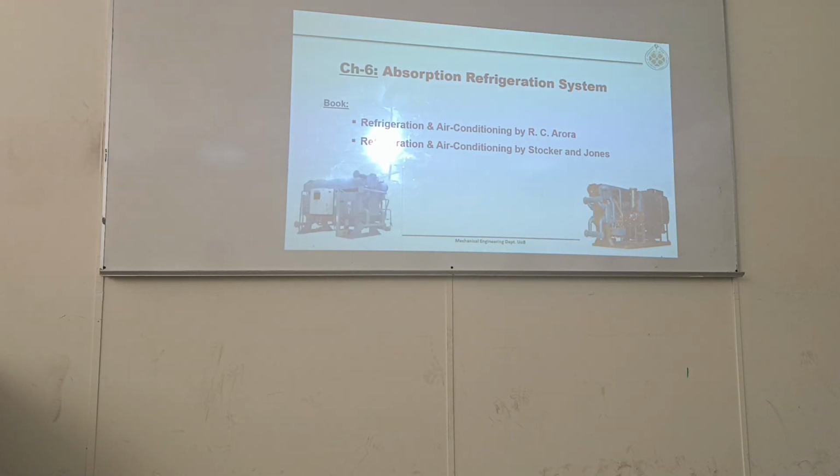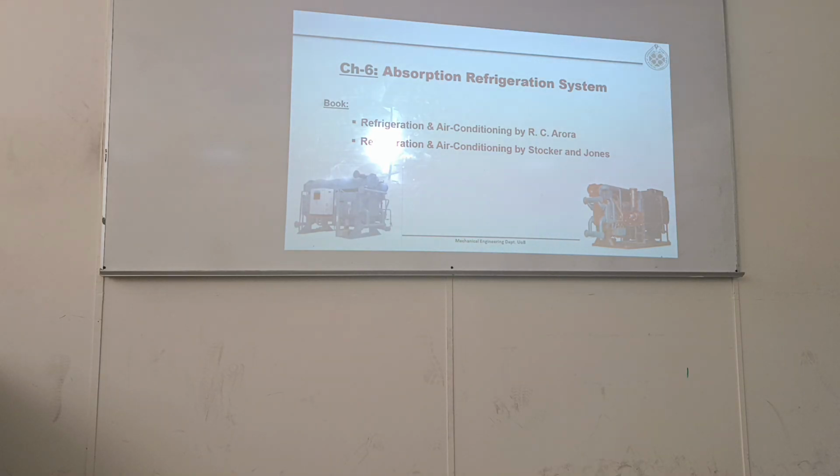Heat by burning anything: coal, oil, gas, wood, anything. You need energy in the form of heat, not electrical energy. There is no need for a compressor. We replace it with a new device, which we will see, that mainly requires heat.